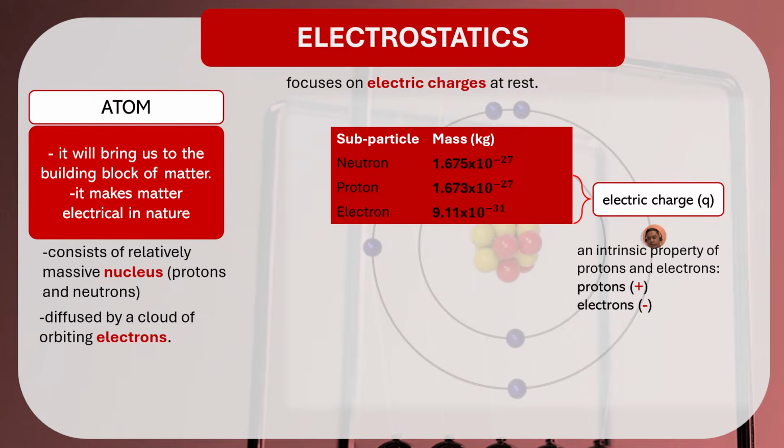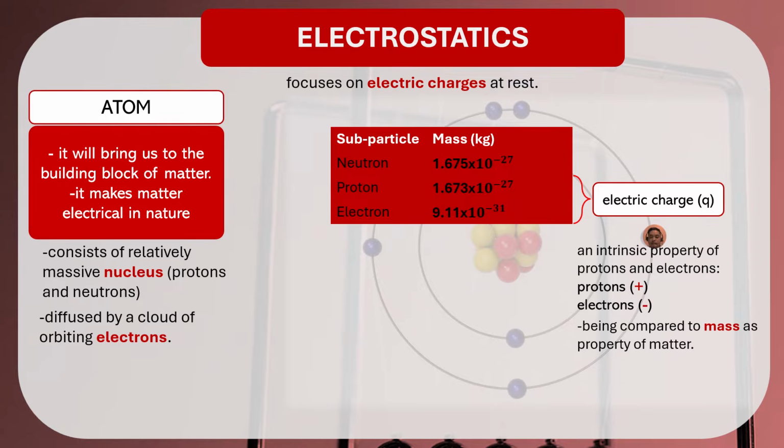When we say electric charge, please take note, it is an intrinsic property of protons and electrons. Protons carry the positive charge, while electrons carry the negative charge. It is also compared to the property of mass.